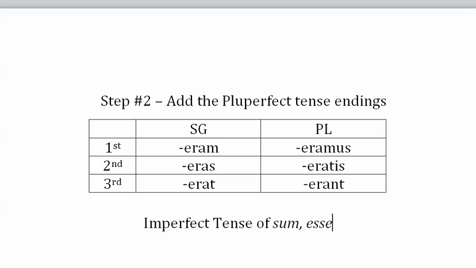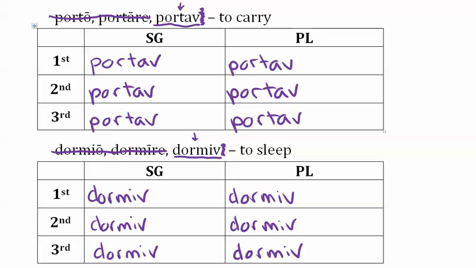So if they were words by themselves, they would be the imperfect tense of sum, but here they're being used as endings, and they're formed by the letters ERA, and then your personal endings, M, S, T, mus, tis, and NT. So let's go add those on and finish pluperfect tense.